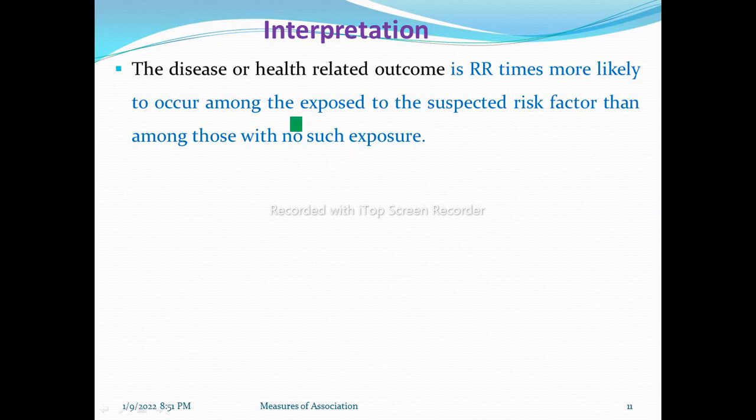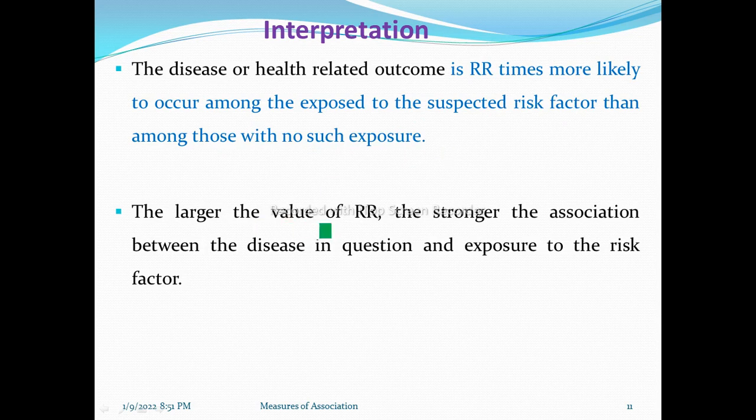So we can say that coronary heart disease is 1.61 times more likely to occur among smokers than among non-smokers. We can interpret it this way: the larger the value of relative risk, the stronger the association between the disease and the exposure. When the relative risk becomes larger, there is a strong association between smoking and coronary heart disease.